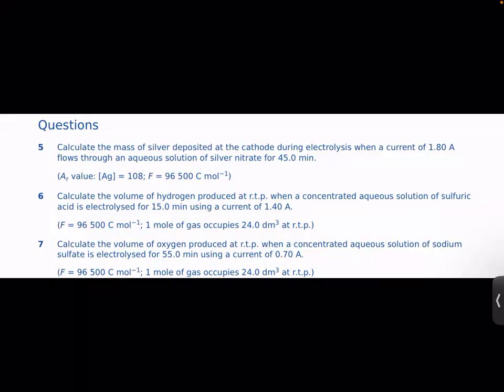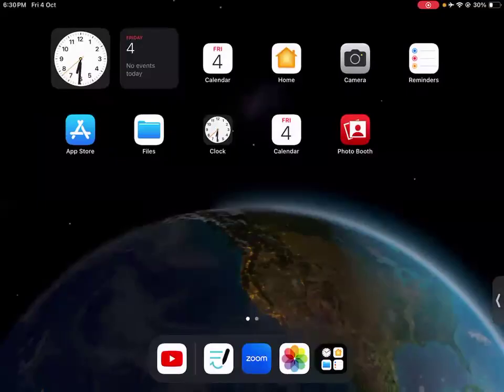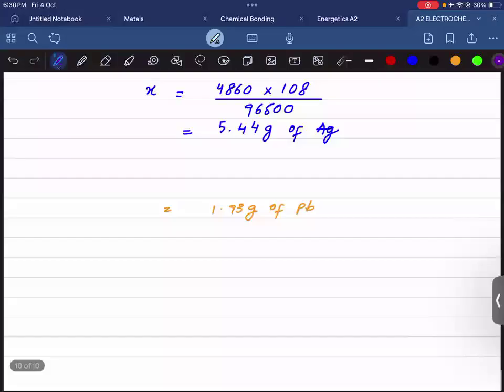Calculate the volume of hydrogen produced at RTP when a concentrated aqueous solution of sulfuric acid is electrolyzed for 15 minutes using a current of 1.40 amperes. See how you would do the working for the volume.